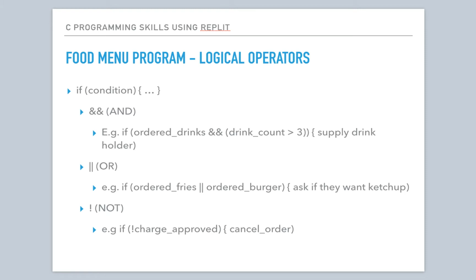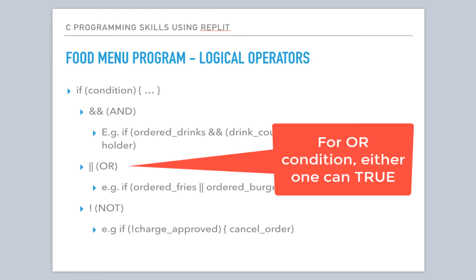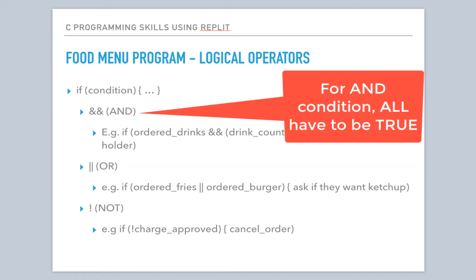So you'd only ask that question if they ordered fries or they ordered a burger. So notice you'd ask it if they ordered fries, you'd ask it if they ordered a burger, or you'd ask it if they ordered both fries and a burger. So the or condition, either one can be true. The and condition, everything has to be true in that and condition.